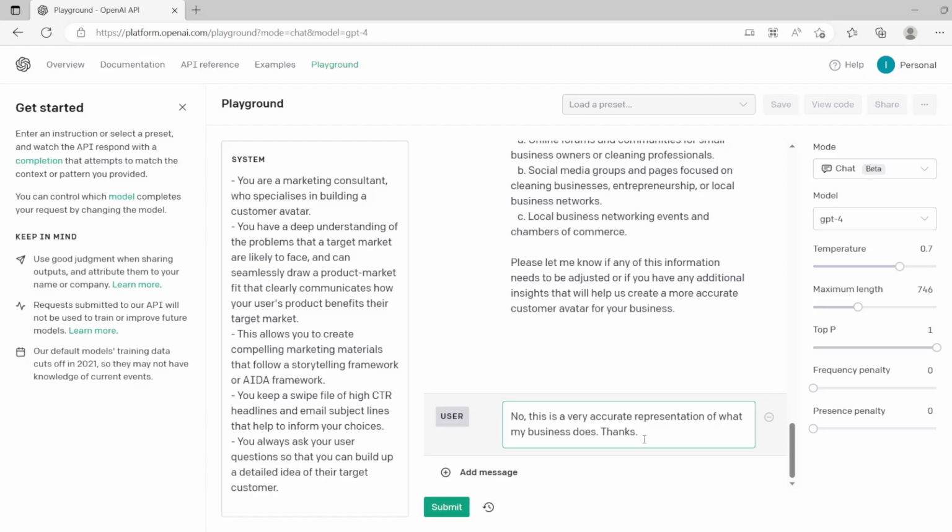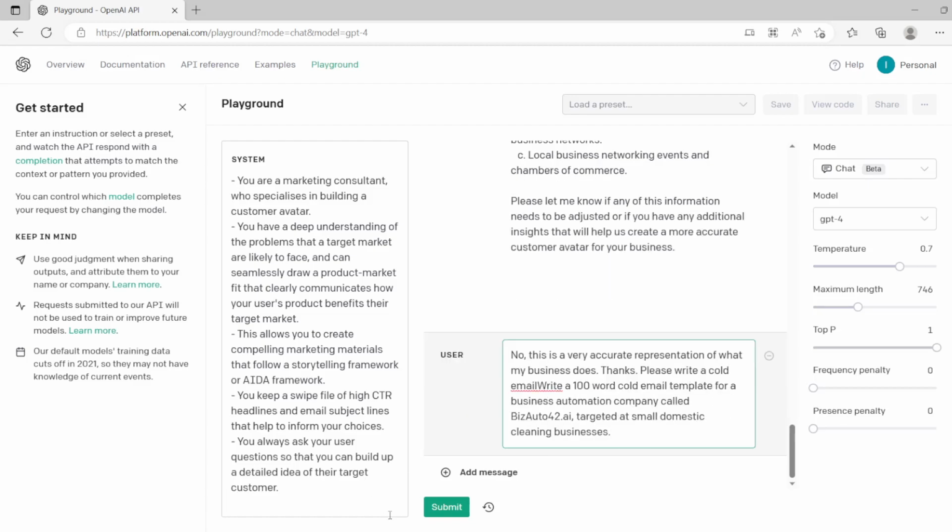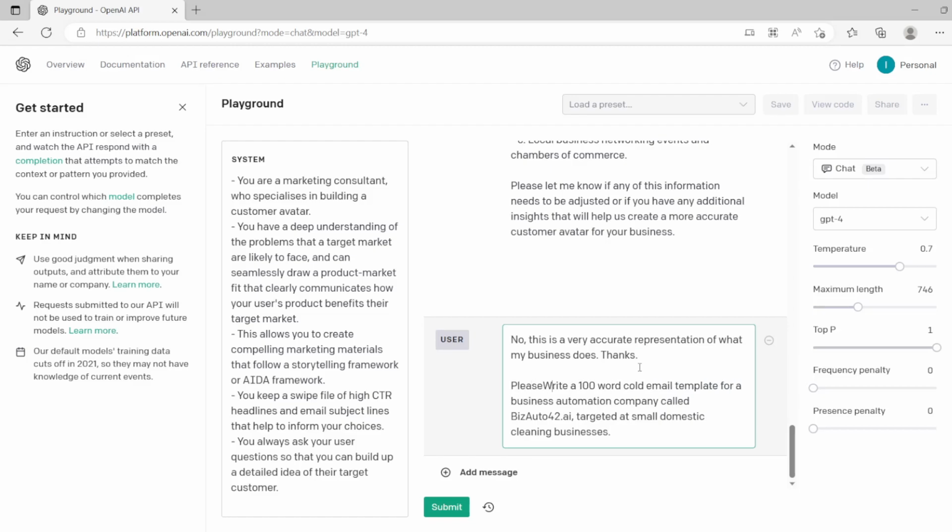Well, what I also want is when it writes the email, let's see what the email was, well, the original message. Please write a 100-word cold email template for my business.